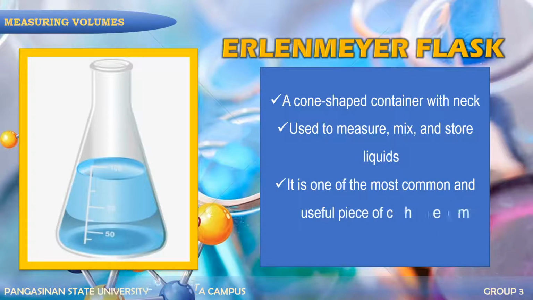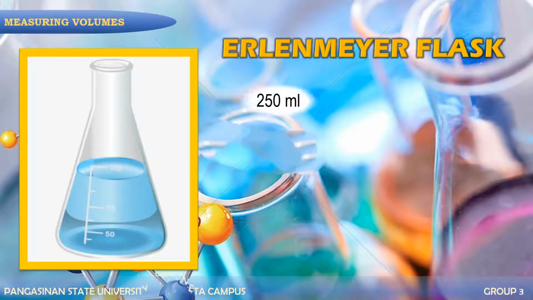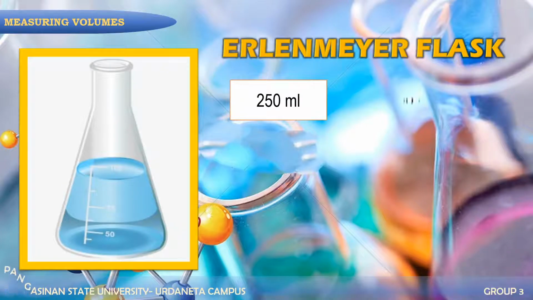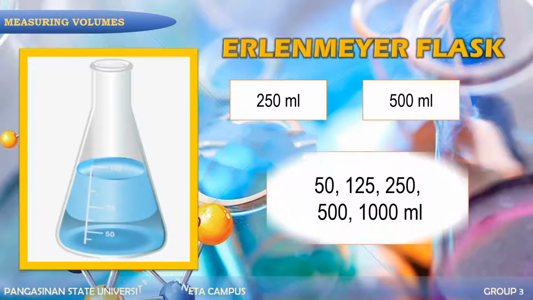Most Erlenmeyer flasks are made of borosilicate glass so that they can be heated over a flame or autoclaved. The most common sizes of Erlenmeyer flasks are 250 ml and 500 ml. They can also be found in 50, 125, 250, 500, and 1000 ml.